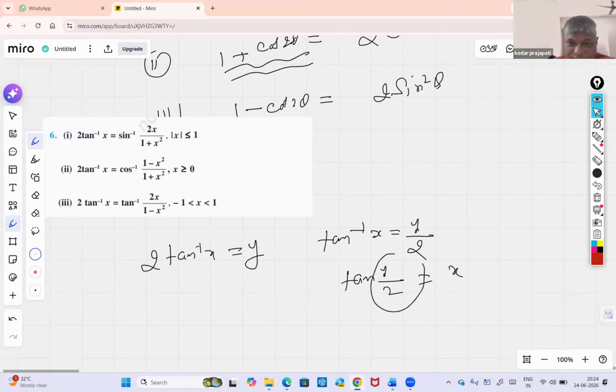I think the derivation will take a lot of time, so I'm just explaining it. Suppose this angle is y by 2.